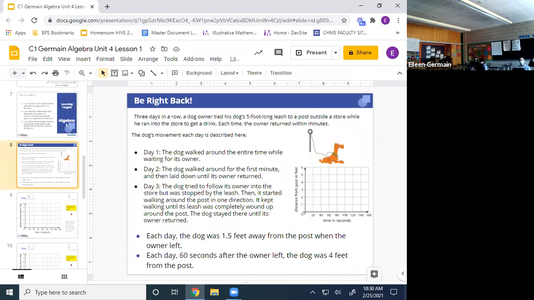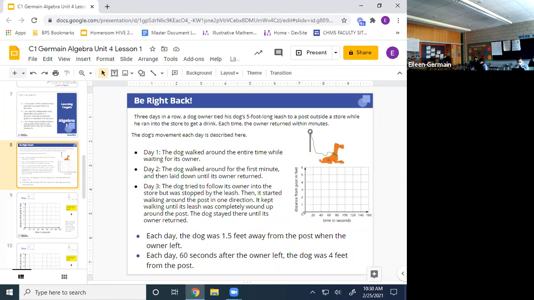3 days in a row, a dog owner tied his dog's 5-foot leash to a post outside a store while he ran into the store to get a drink. Each time the owner returned within minutes, okay? The dog's movement each day is described here. On day 1, the dog walked around the entire time while waiting for its owner.